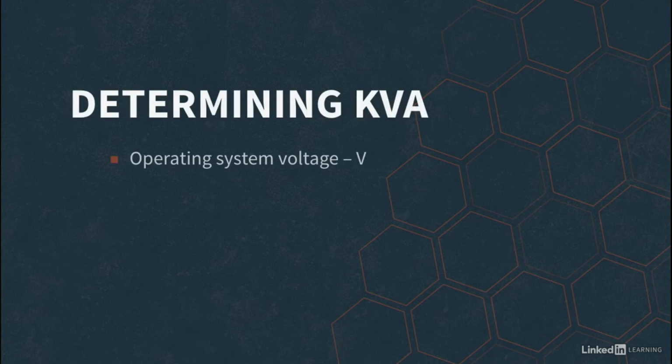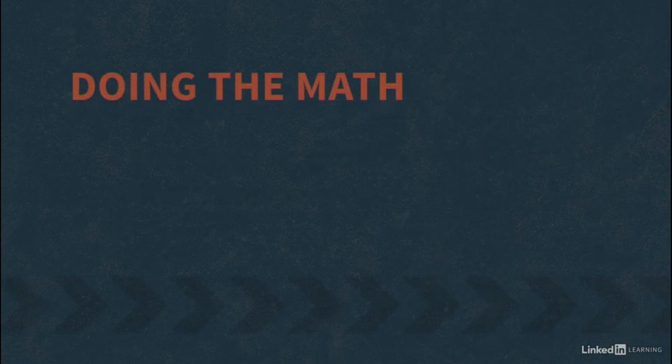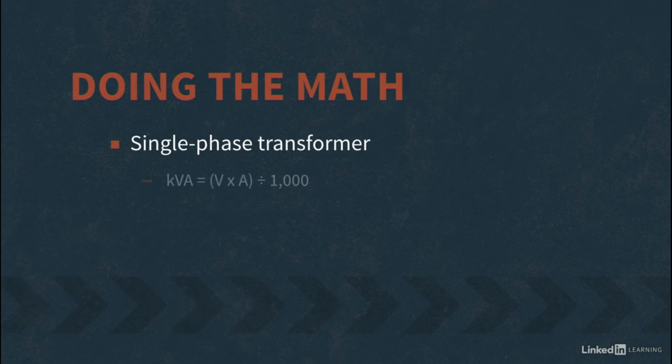To determine kVA, you must have at least two other pieces of information: the operating system voltage of the transformer, V, and the maximum load amperage, A. To calculate the kVA rating of a single-phase transformer, use the formula kVA equals voltage times amperage divided by 1000.